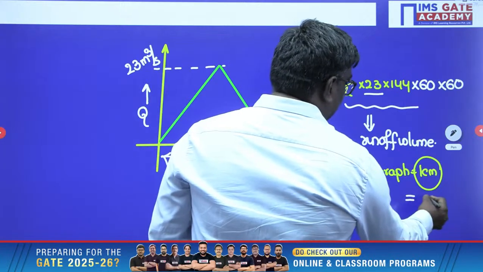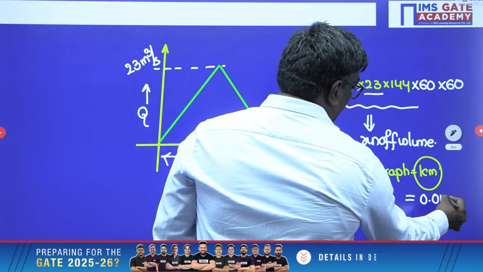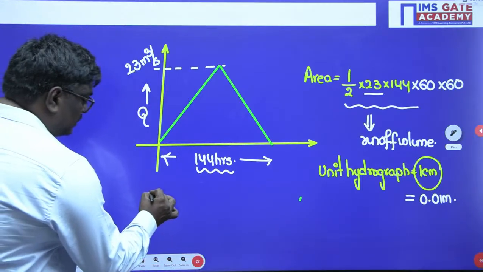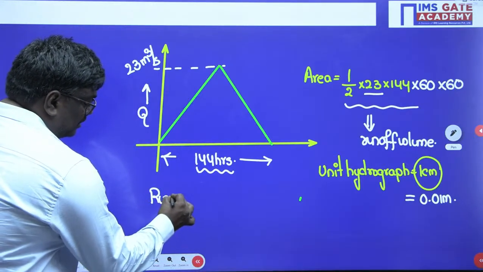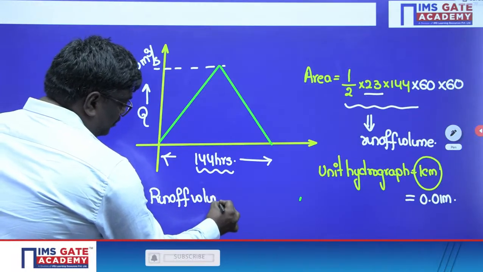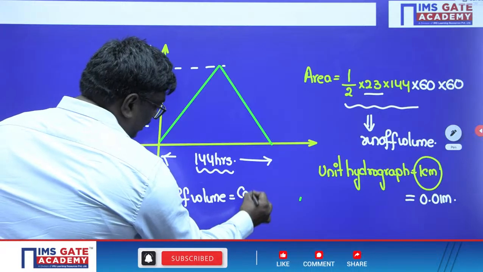So in meters, this will be 0.01 meter. Okay. Now, my dear students, I am equating the equation. Runoff volume is equal to catchment area.